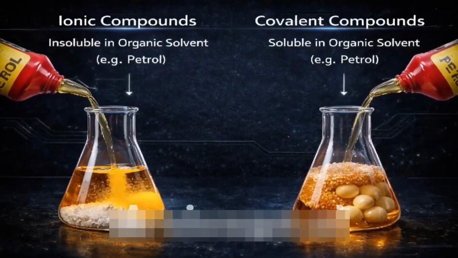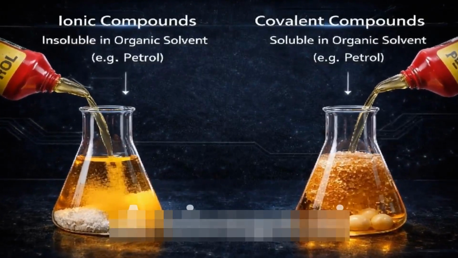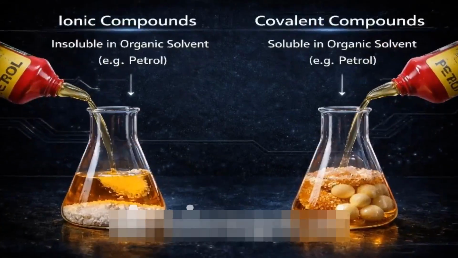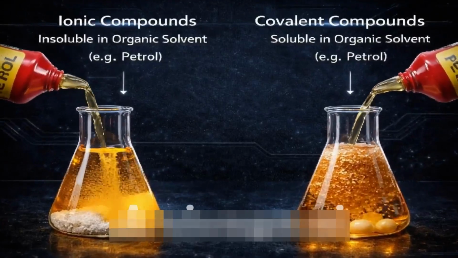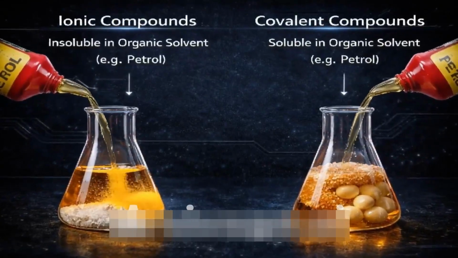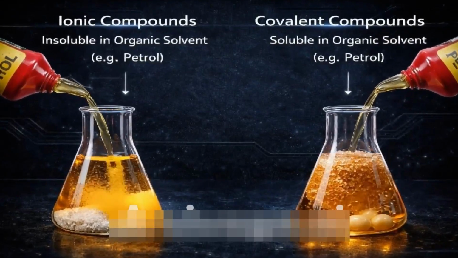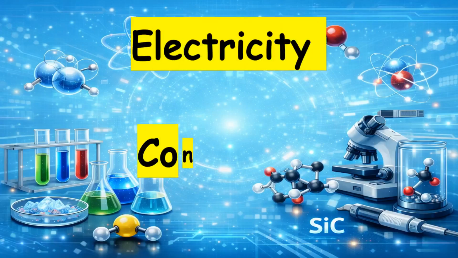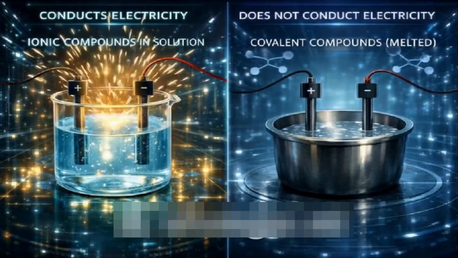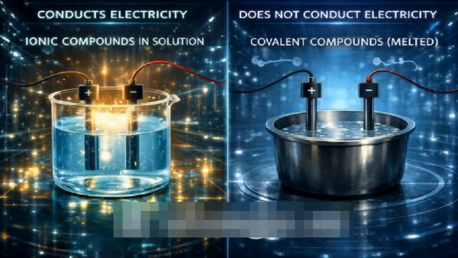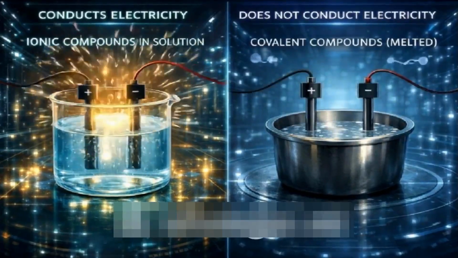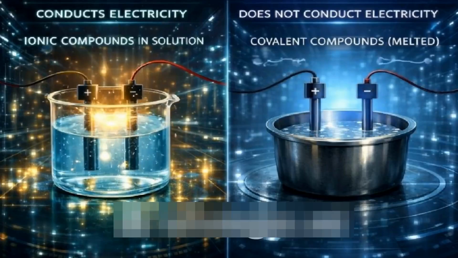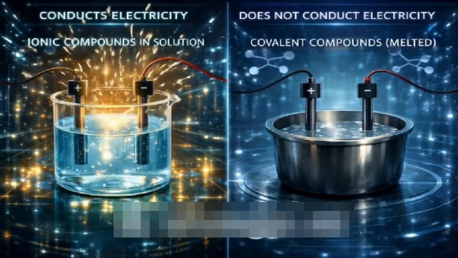Ionic compounds are insoluble in organic solvents like petrol, but covalent compounds are usually soluble in organic solvents like petrol. Ionic compounds conduct electricity when they are melted or dissolved, but covalent compounds do not conduct electricity even when melted.